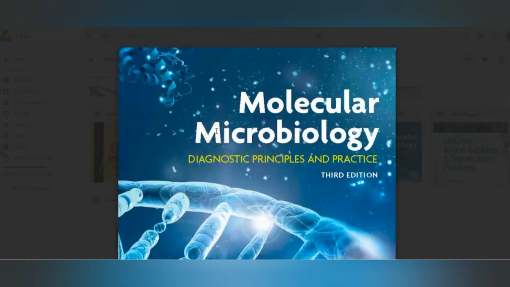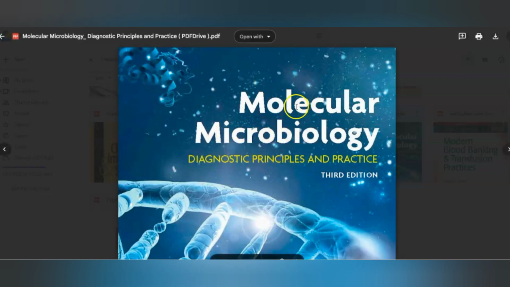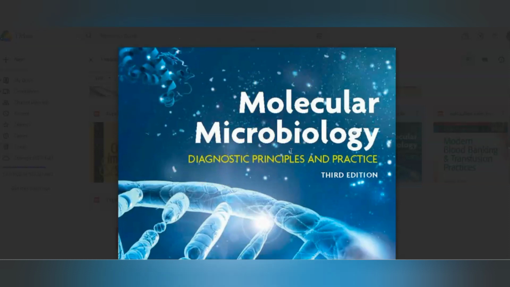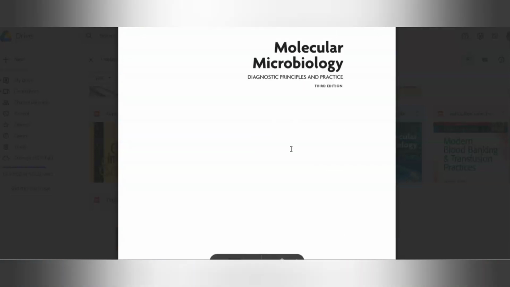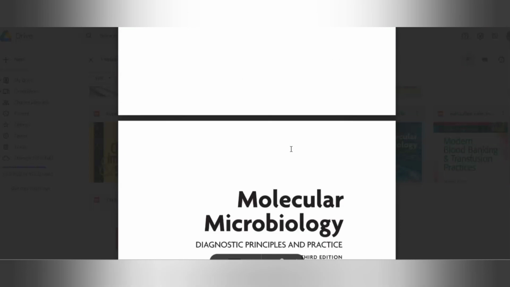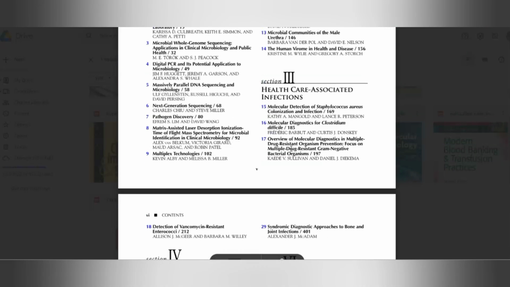Now, another good book is Molecular Microbiology: Diagnostic Principles and Practice. I found this book to be very lengthy, very voluminous, especially for people who want to do research in the near future, or who are studying molecular biology in depth. This book is for you.